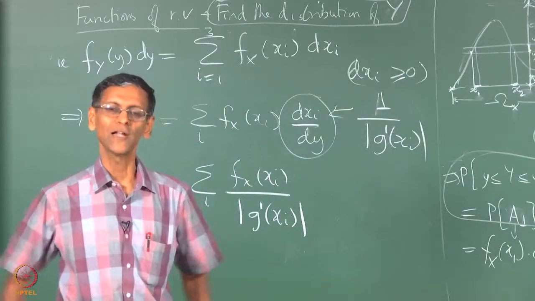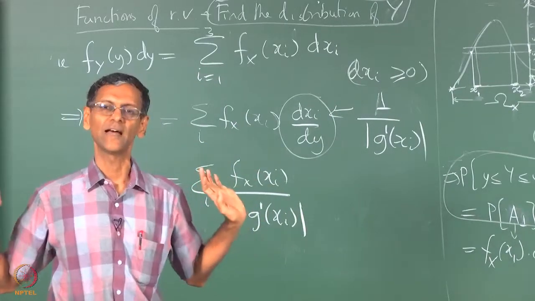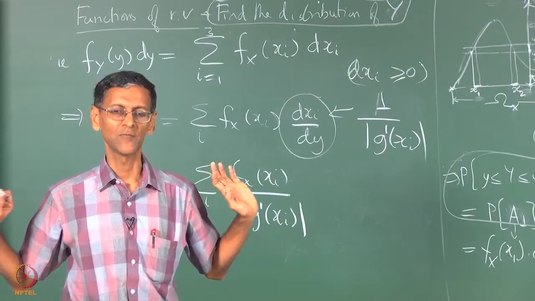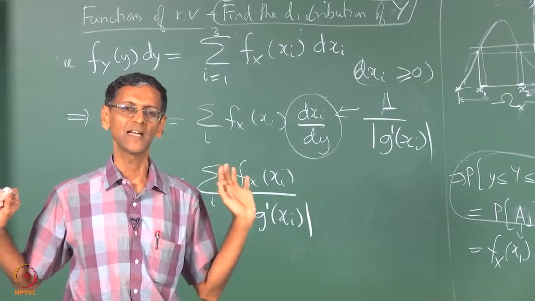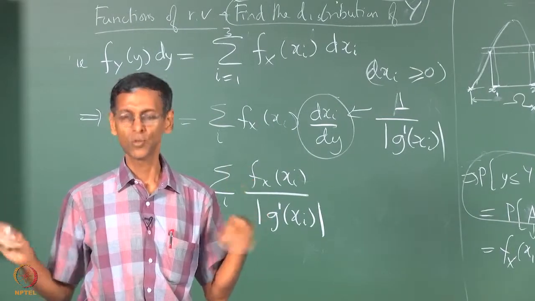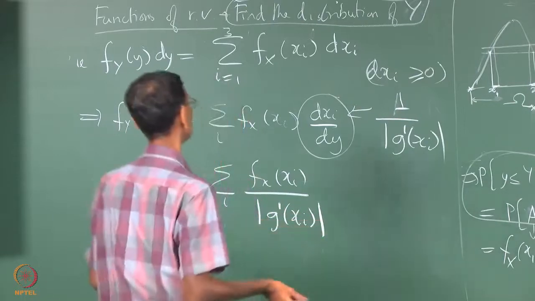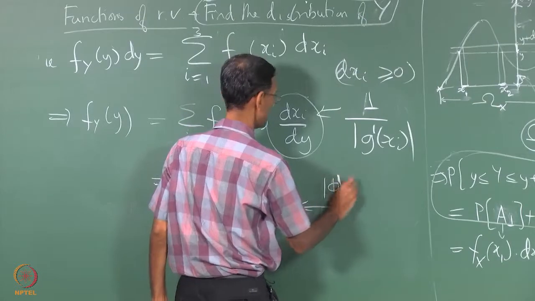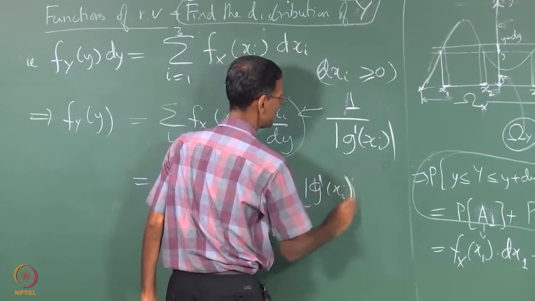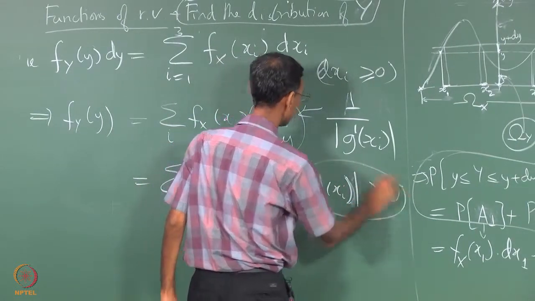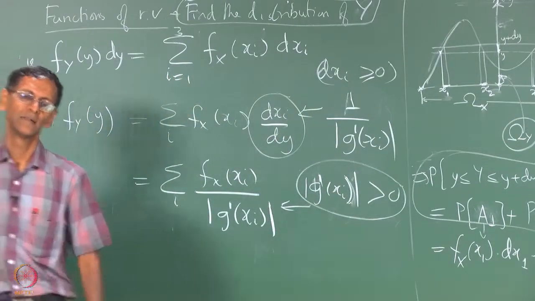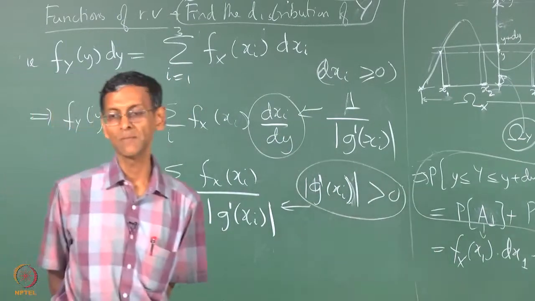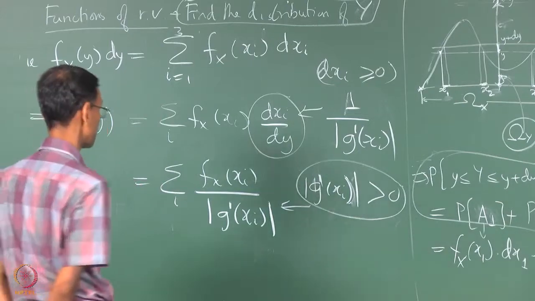You do not have to calculate fy, you can say I do not want to define it at those finite, small number of points at which g has a local maximum or minimum or local extremum. So for this computation to work, we want this magnitude of the derivative to be strictly larger than 0. g prime xi has to be positive in magnitude.